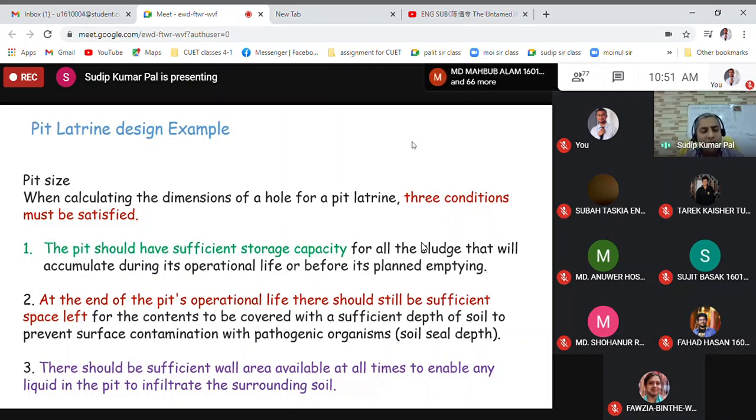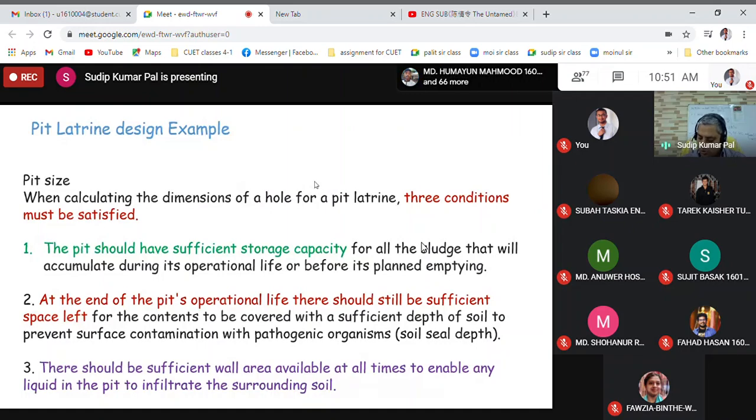So number 3, there should be sufficient wall area available at all times to enable any liquid in the pit to infiltrate the surrounding soil, because this is one of the major objectives of pit latrine design. So we try to take water out from the pit.